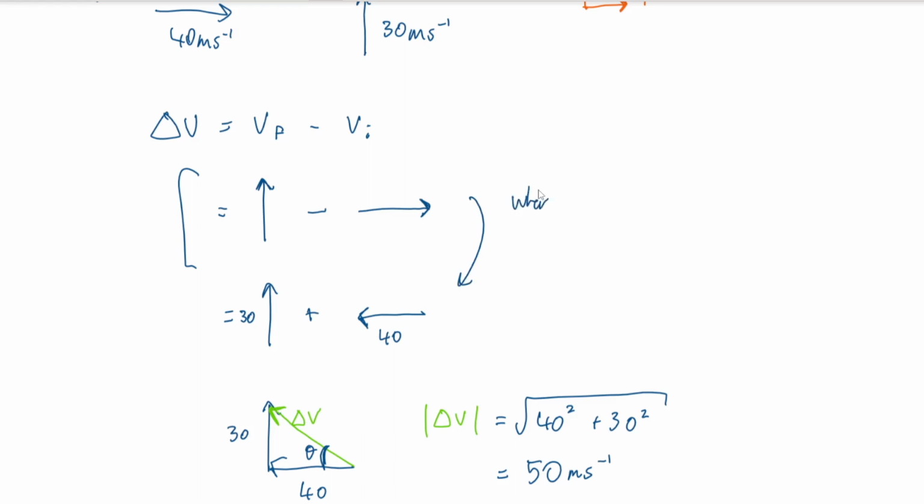So when subtracting a vector, we can add the opposite direction. And why we do that is because we know how to do vector addition, right? We find the hypotenuse using Pythagoras' theorem, and then we can find the angle using our trig ratios.